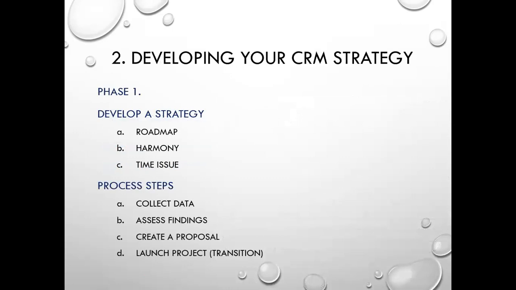Now we move toward developing your CRM strategy. This is the second topic of your chapter. So how do we develop our strategy? The first phase is to develop a strategy that requires a roadmap, harmony, and time issue.